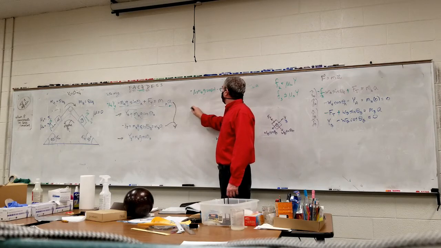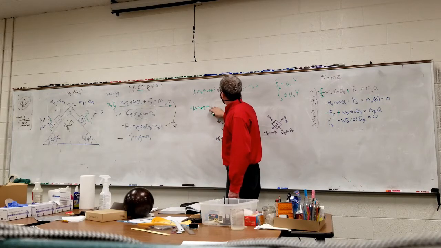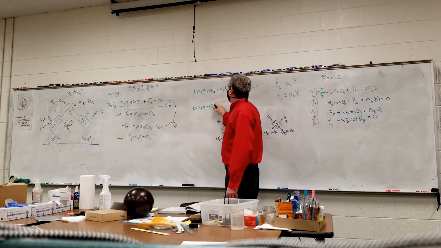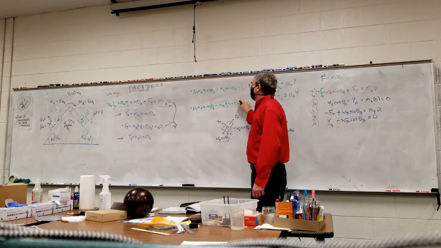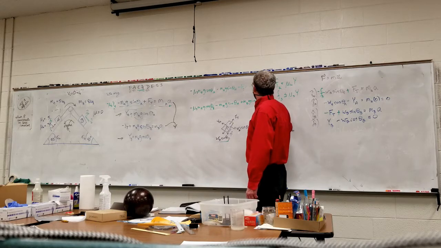And I'm left with negative mu S m_A g cosine theta A minus m_A g sine theta A plus m_B g sine theta B is equal to m_A a plus m_B a.